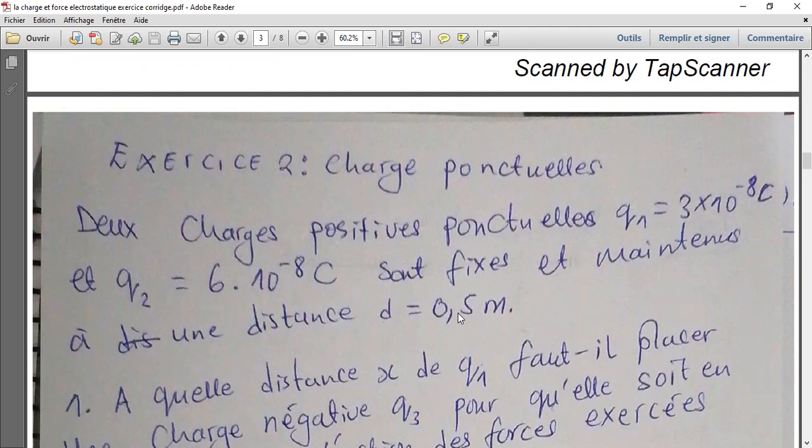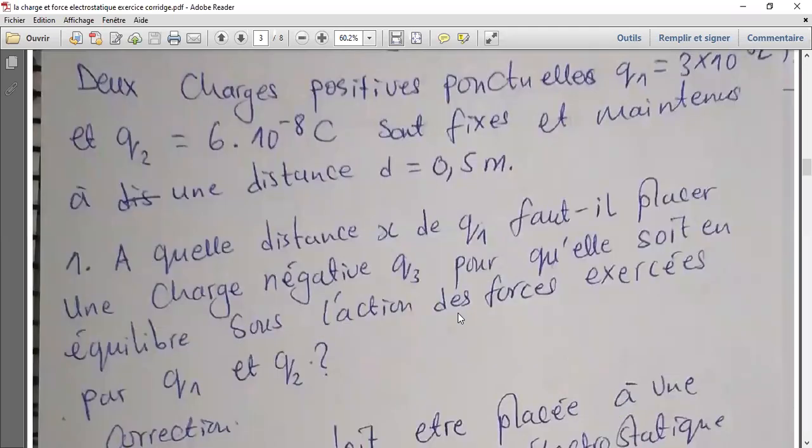Then they ask you: à quelle distance x de Q1 faut-il placer une charge négative? So the question is, at which distance x, a distance which you don't know, from Q1, can you place a negative charge so that it is in equilibrium under the action of the forces exerted by Q1 and Q2?